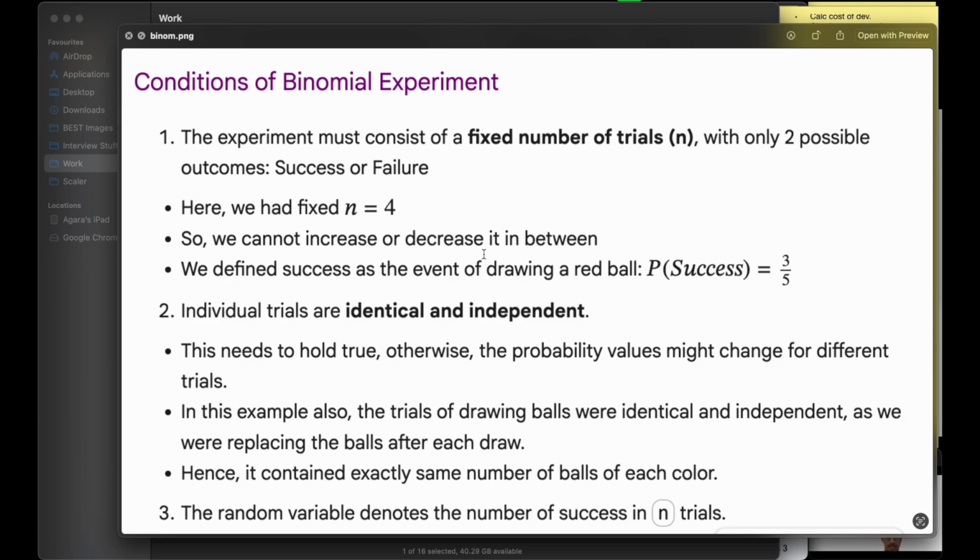Then the second condition is that individual trials are identical and independent. So what does that mean? The probability should not change, and it didn't change, and it is independent because we had replacement, right? So each trial was independent.